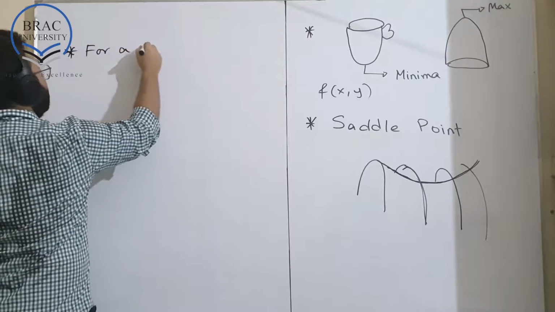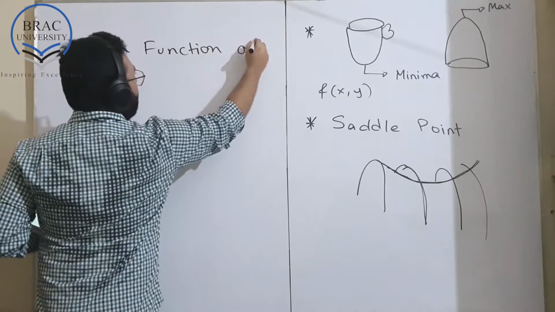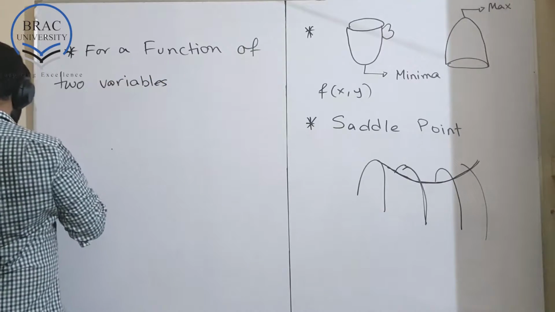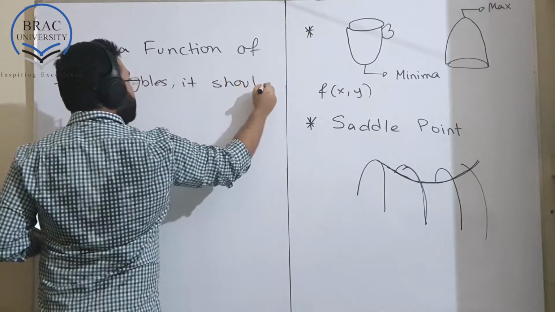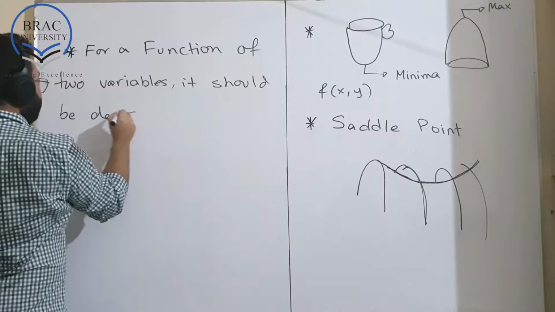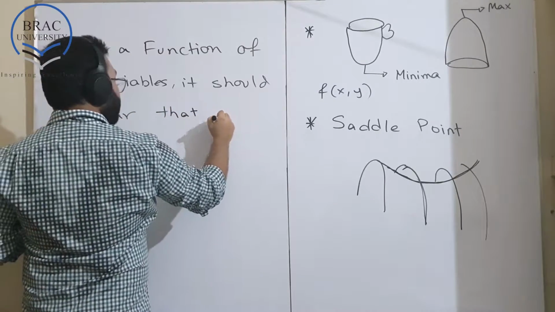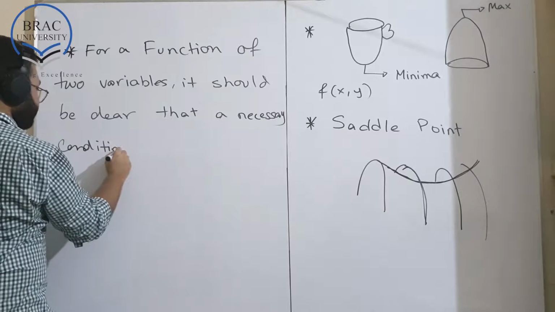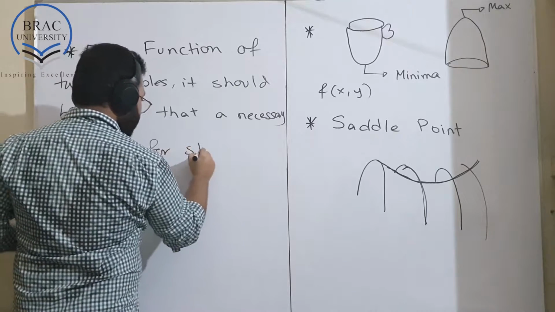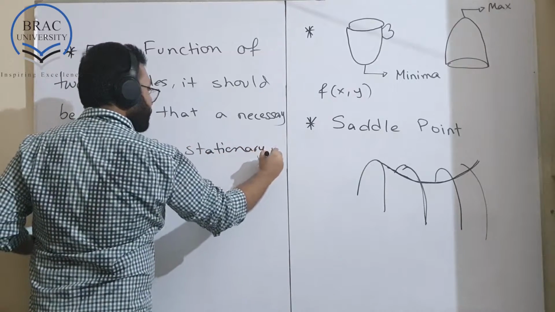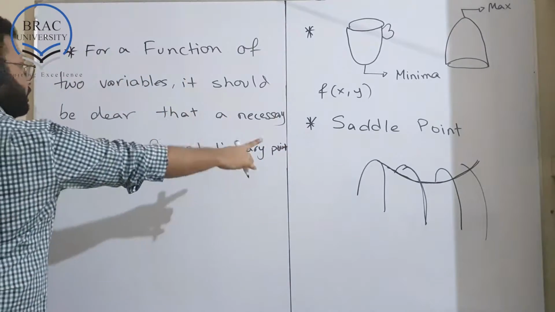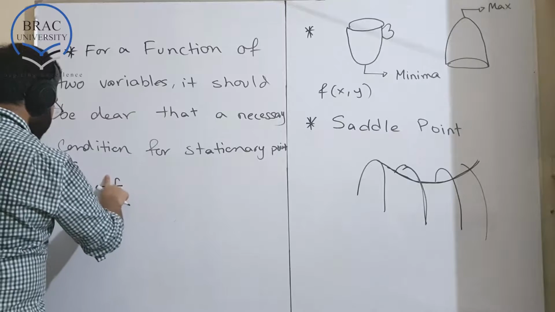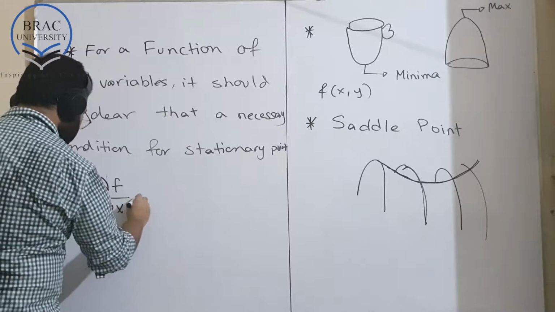So for a function of two variables, it should be clear that a necessary condition for a stationary point, which is either a maxima, minima, or a saddle point in this case, is finding the partial derivatives equal to 0.